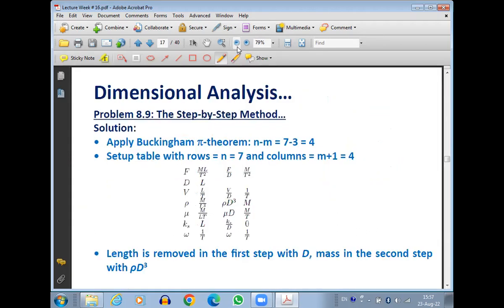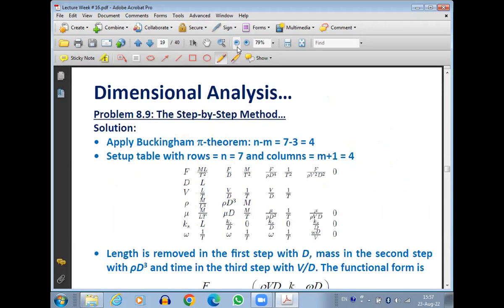So let's have a look at it. You see here, this is one dimensionless parameter, this is the second dimensionless parameter, ks by d was the third, and omega d by v was the fourth. So this is our pi 1, this is our pi 2, this is our pi 3, and this is our pi 4.